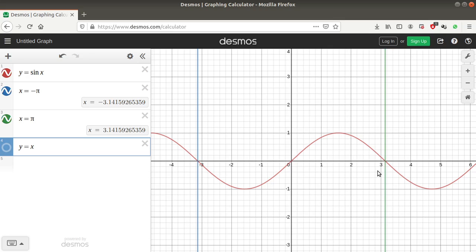You could also do the same between 0 and 2 pi. I'm just using this range.